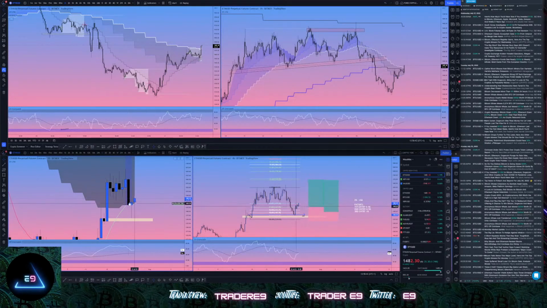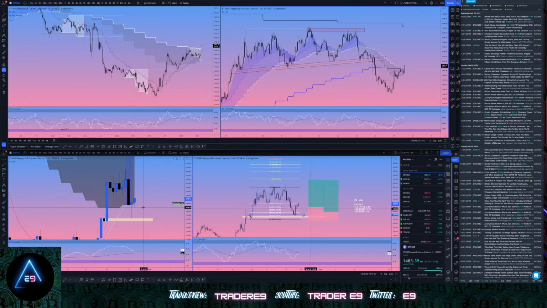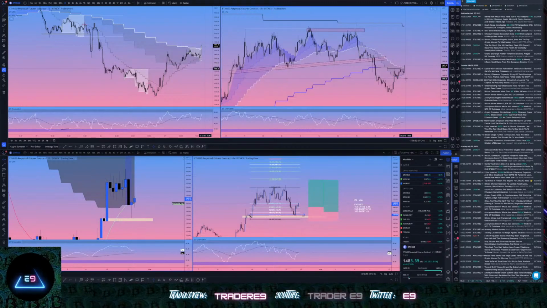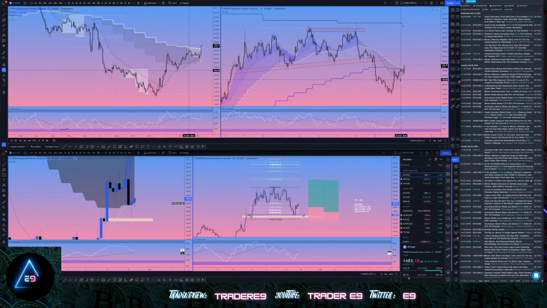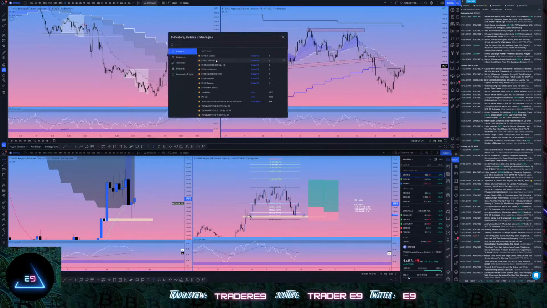And just looking at the daily on the bottom left, we've got those 2 wicks, which is just beautiful. So that bottom wick for the day is 1424. Let's just put that on the chart.